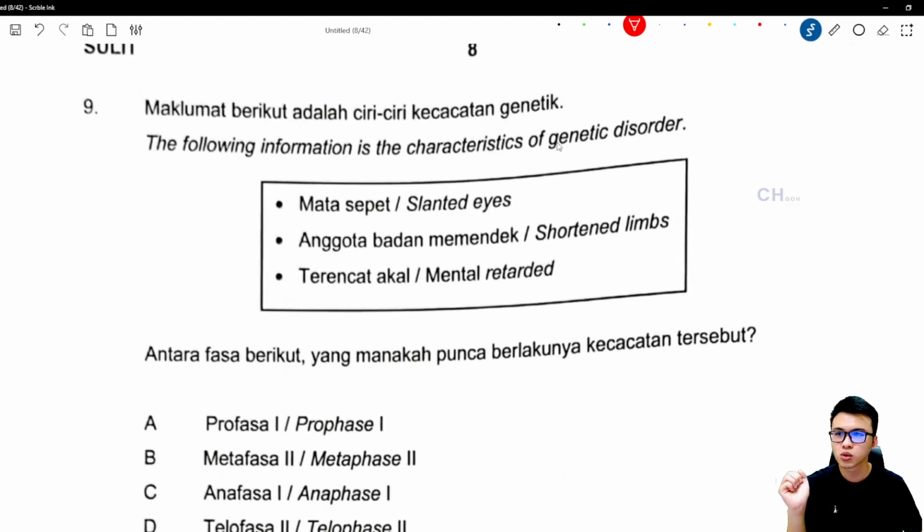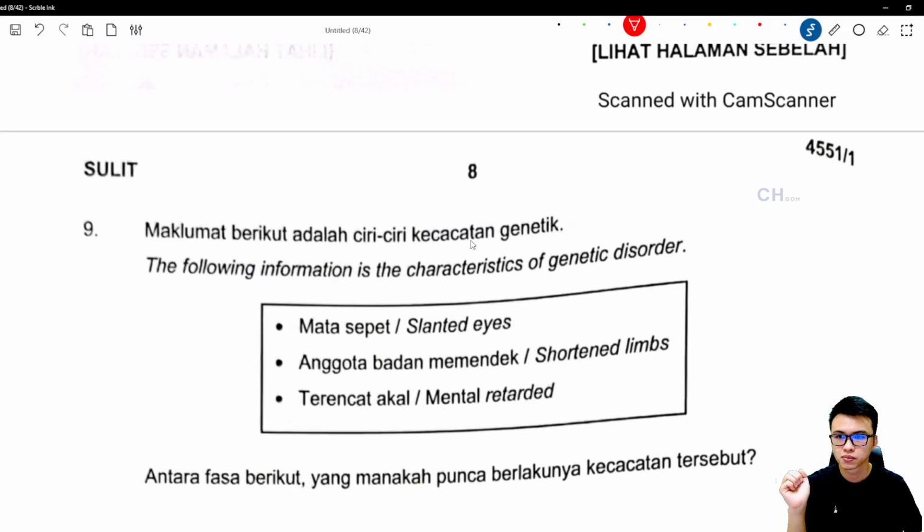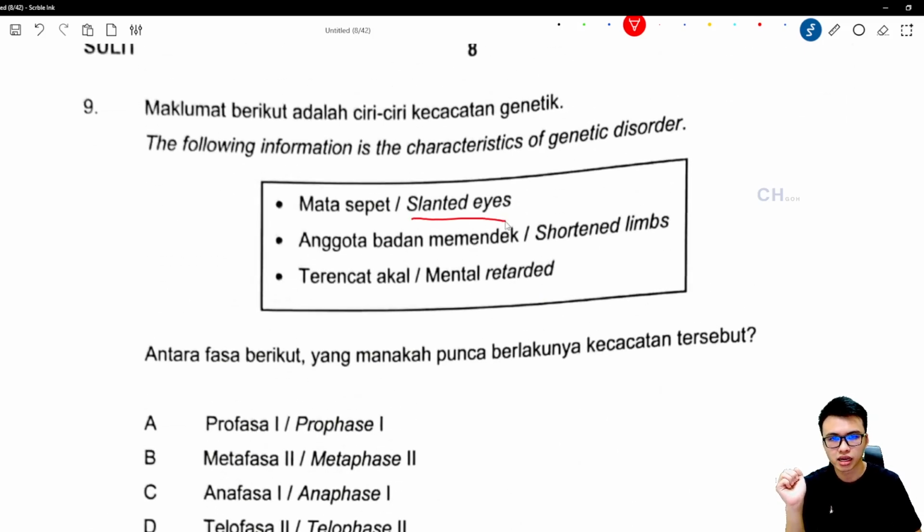Alright, so let's look at question 9. The following information is the characteristic of a genetic disorder. We have the slanted eyes, shortened limbs, and mental retardation. Based on all these symptoms, we know that this is Down syndrome.